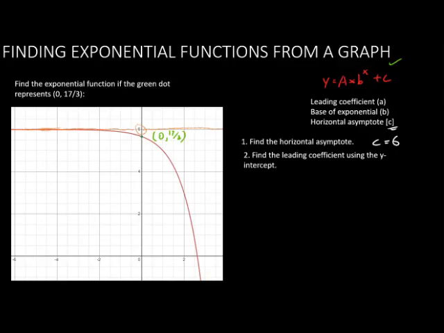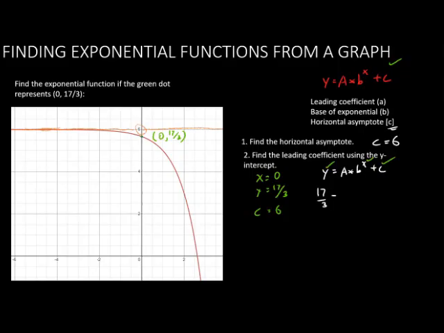This means we can let x equal 0 and let y equal 17 over 3, while also letting c equal 6, since we found that in the previous step. We can place those letters into our general form. Since our general form says y equals a times b raised to the x plus c, we can check off c, which is 6, and check off x and y, which are 0 and 17 over 3, respectively.